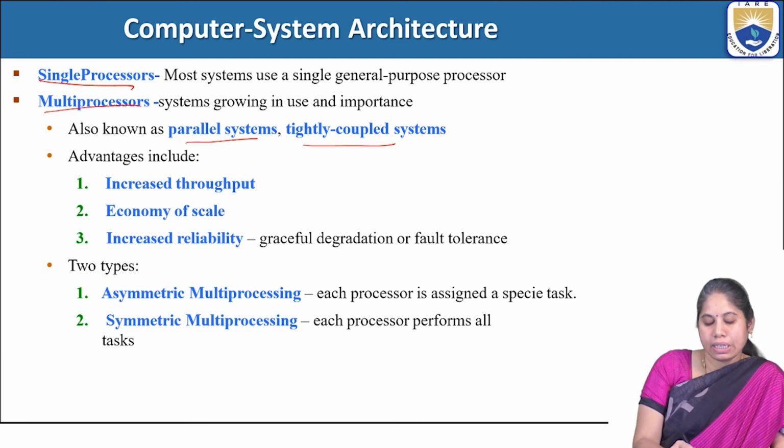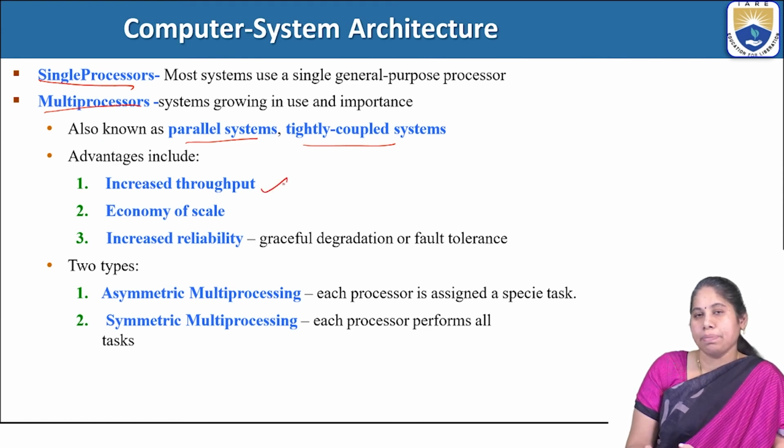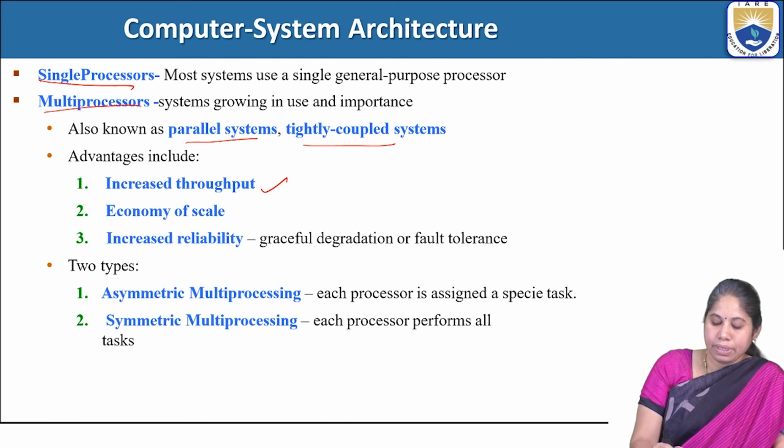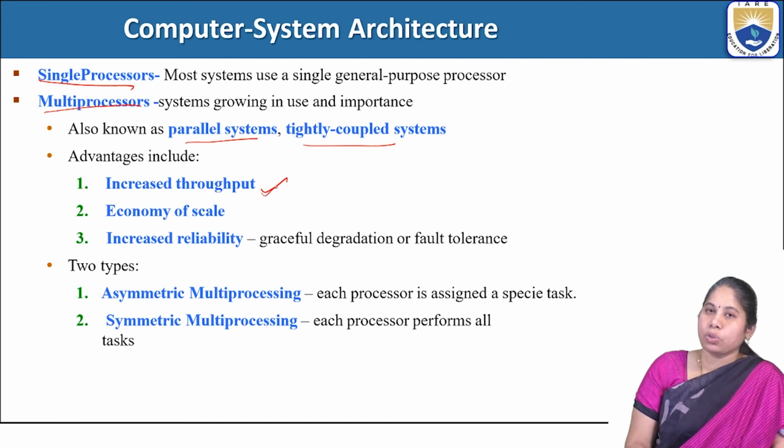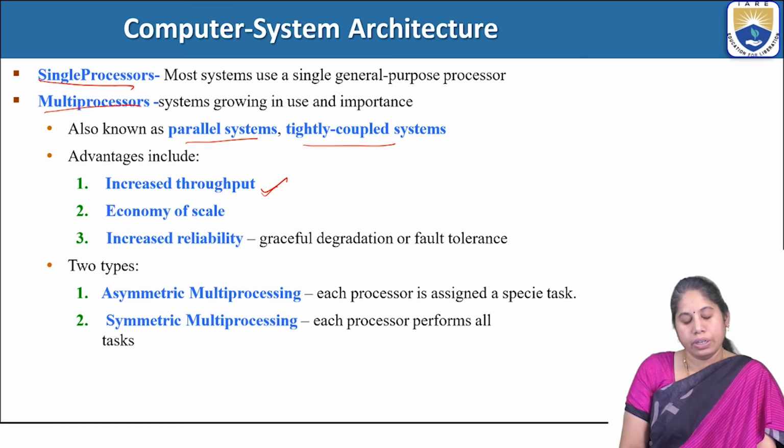So what are the advantages of multiprocessors? Why should I require more than one CPU in my system? To achieve increased throughput, which means I want to very quickly submit back my application result.